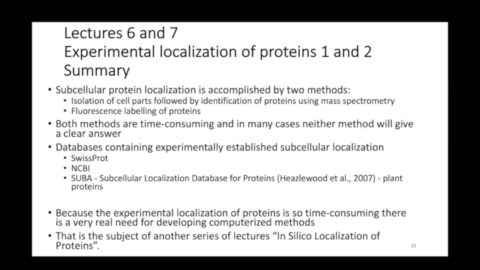There are databases containing experimentally established subcellular localizations. Really quite extensive databases, SwissProt, NCBI, and for plants, SUBA, the subcellular localization database for proteins. The other two also contain plant proteins.